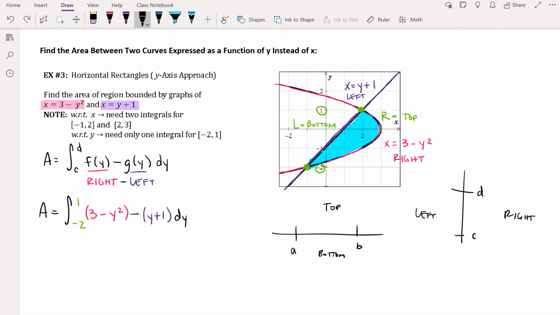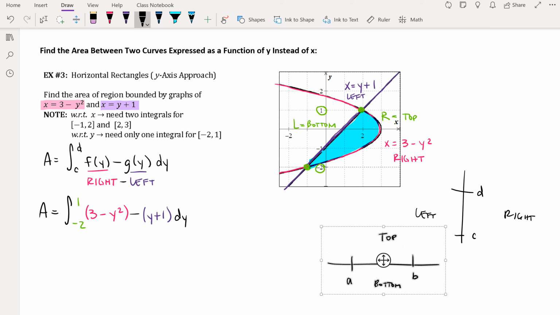Okay. Let's do this one by hand just to prove that we can do these by hand. I really want y'all to understand that you don't always have to use a calculator to solve these. So let's go ahead and simplify the inside of the integral. So equals the integral from -2 to 1 of 3 minus y squared minus y minus 1.